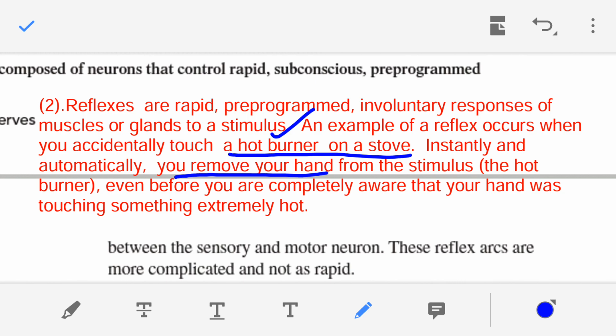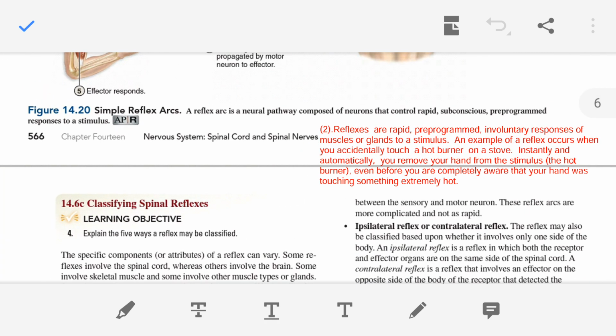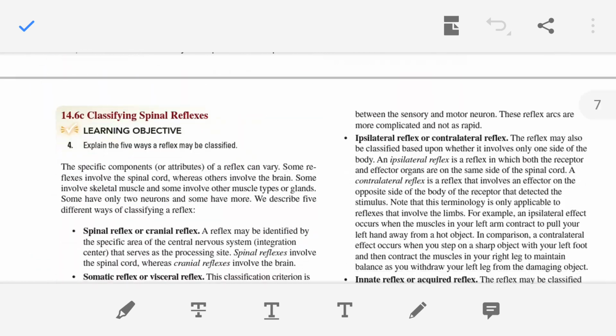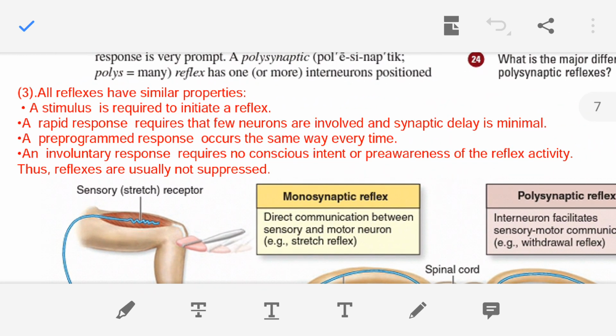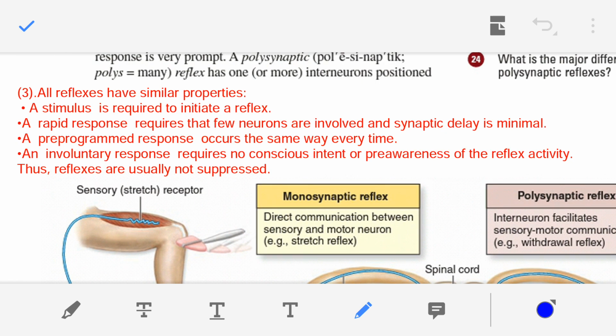This is actually what happens in reflex action. Now the third point: all the reflexes have a similar property. A stimulus is required to initiate a reflex.